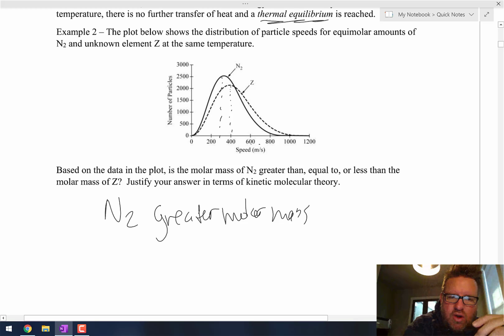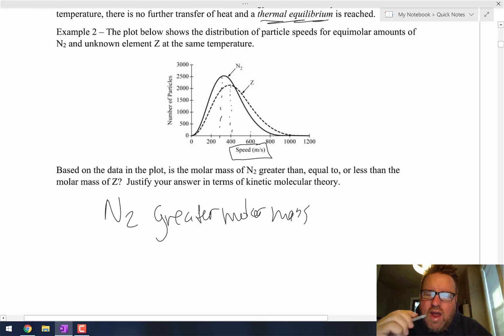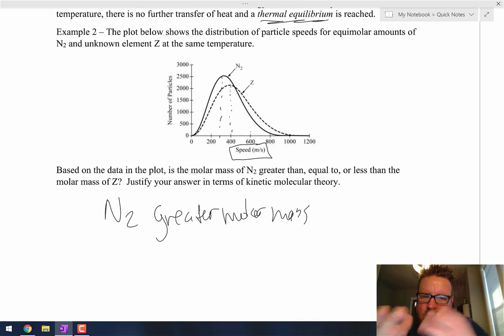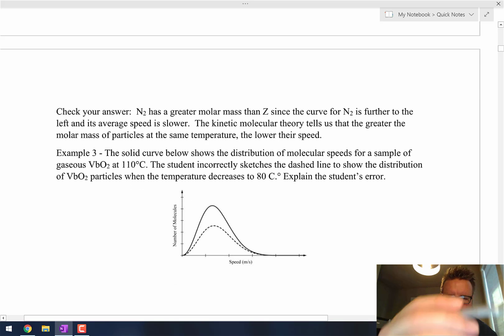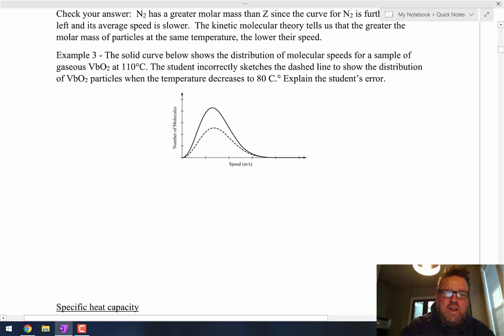And notice we've got speed here, not necessarily energy. Even though it looks like a Maxwell-Boltzmann distribution, this is really just showing you that the lower the molar mass, the greater the speed is. And here we can see a summary of that answer.